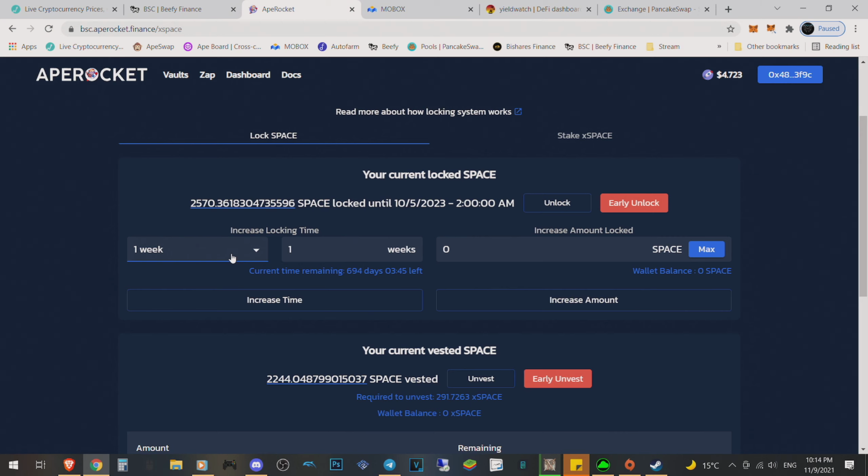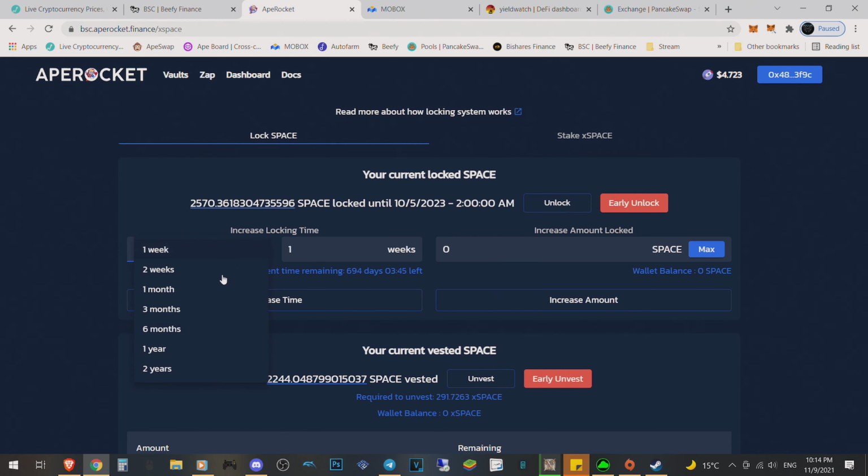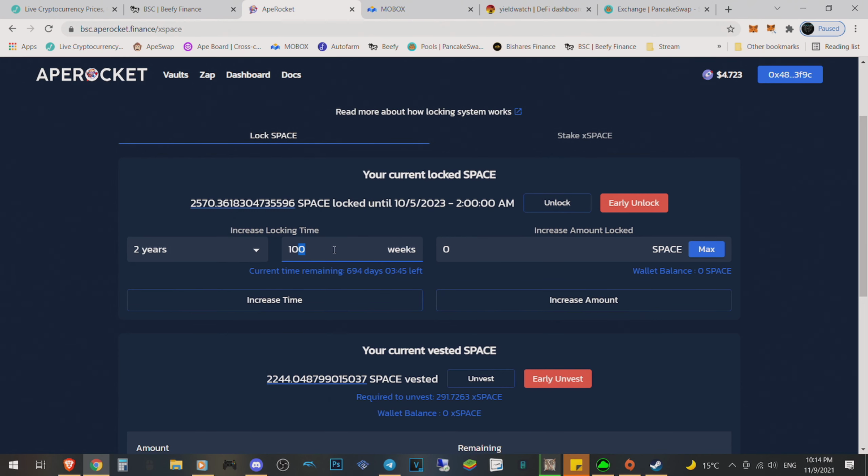Every single week gives you 1%. So if you go all the way to 2 years, you can see it's 100 weeks. You'll get 100% of your X space. So if you have 100 space, you will get 100 X space if you stake it for 100 weeks. If you stake it for 50 weeks, then you get 50% of X space.